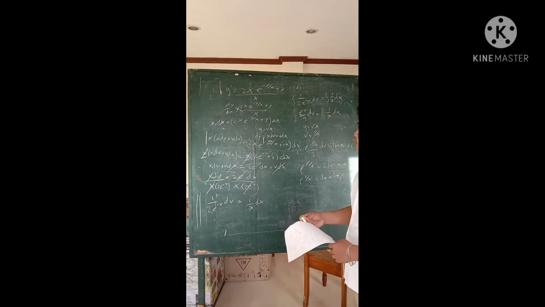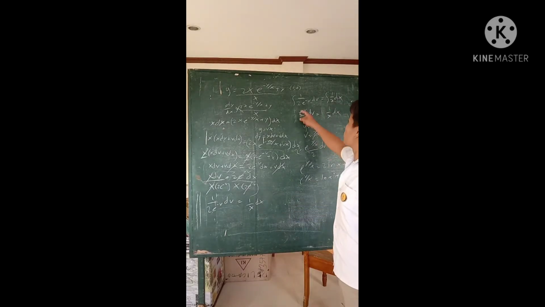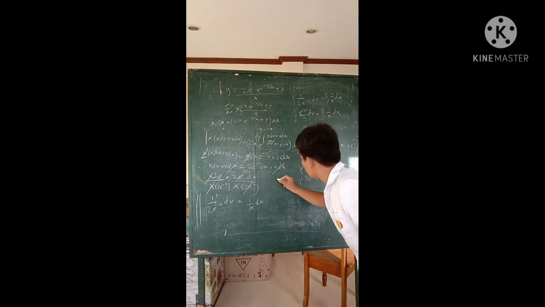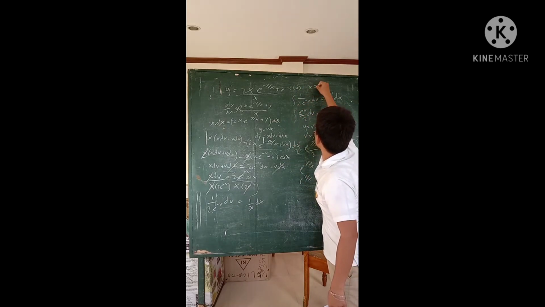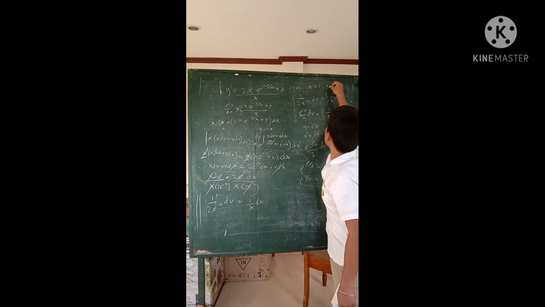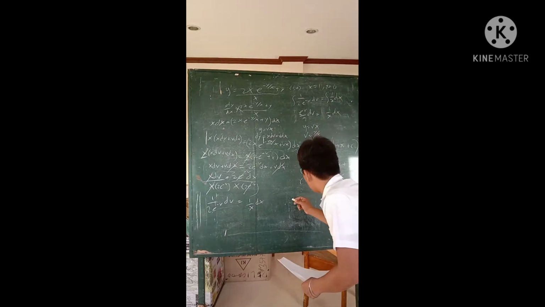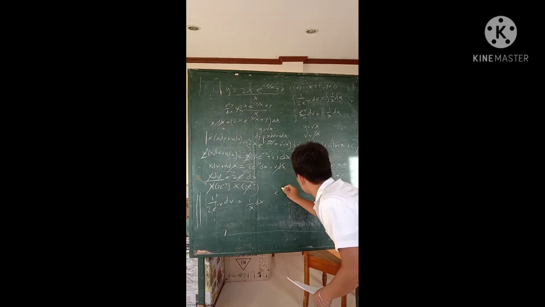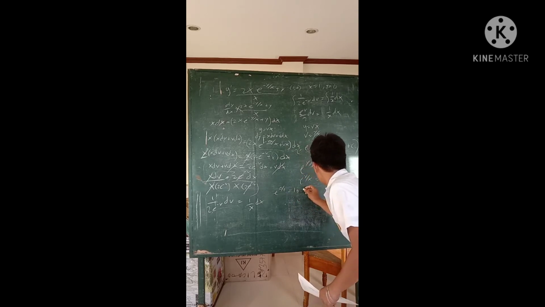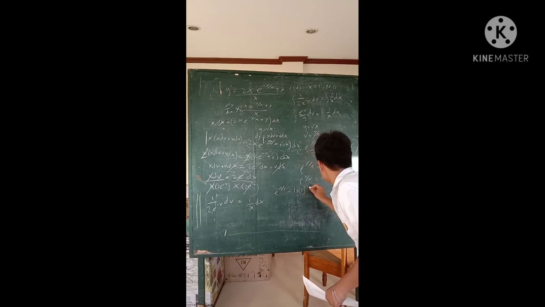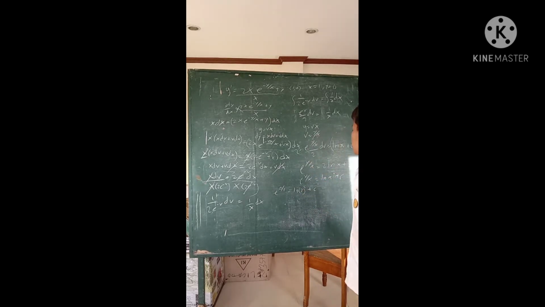Since we are given the point x equals 1 and y equals 0, y over x equals 0 over 1 equals ln of x equals 1, squared, plus c.